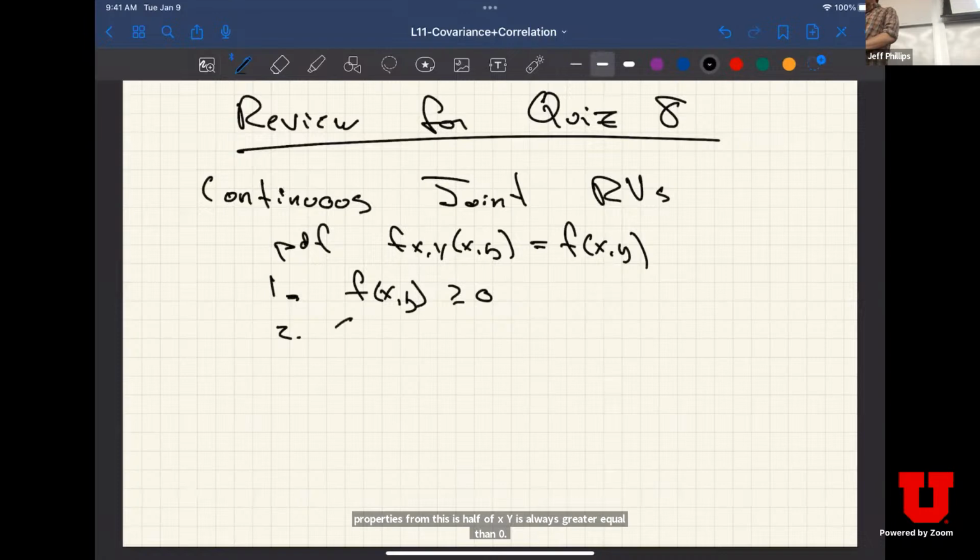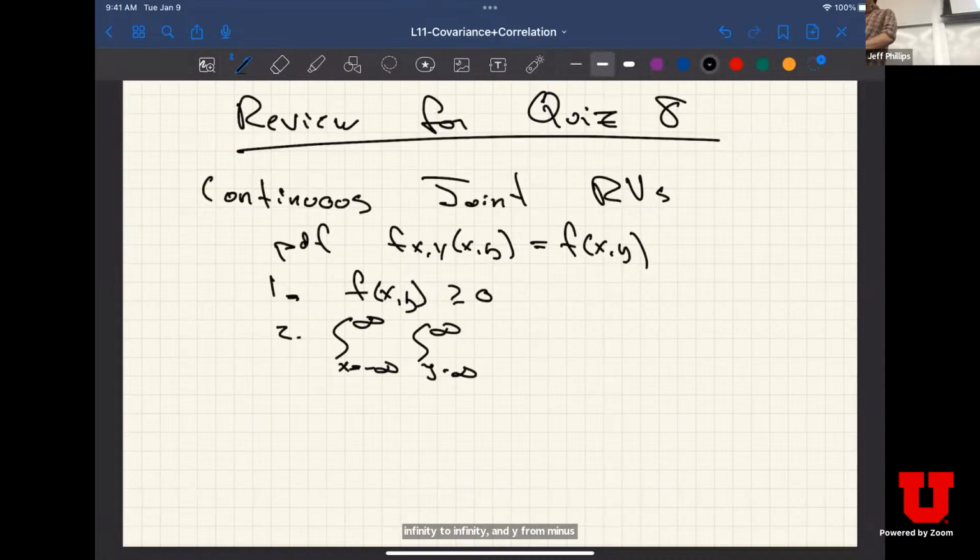I know that if I integrate, a double integral from x equals minus infinity to infinity and y from minus infinity to infinity of f of x, y dy dx, then this has to be equal to 1. Okay, I'm not going to make you do any integral calculations on the quiz. This isn't a class in calculus.